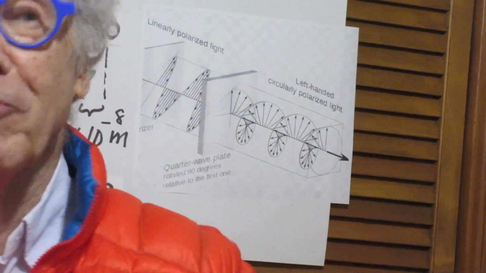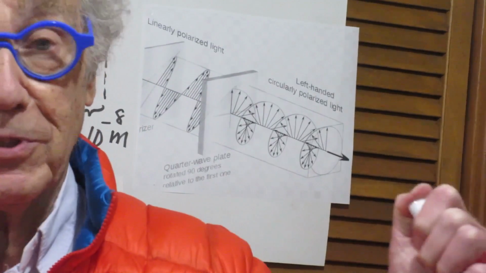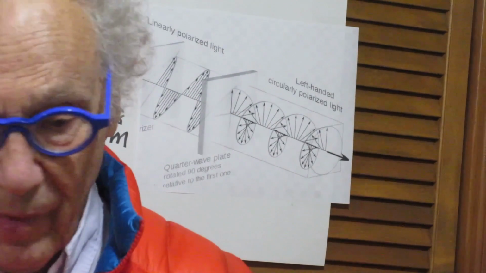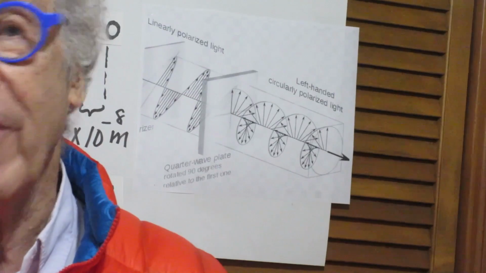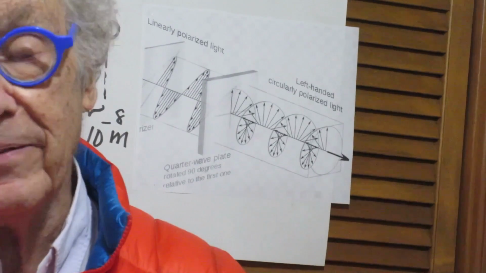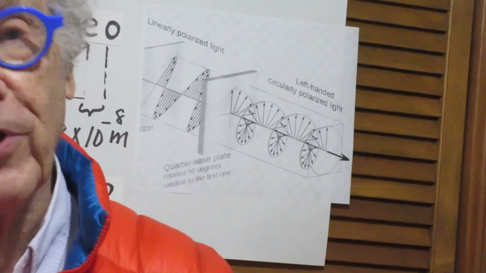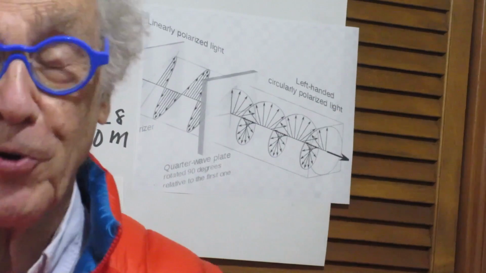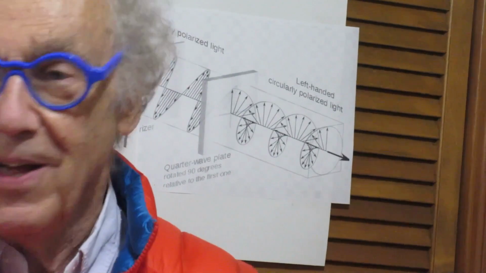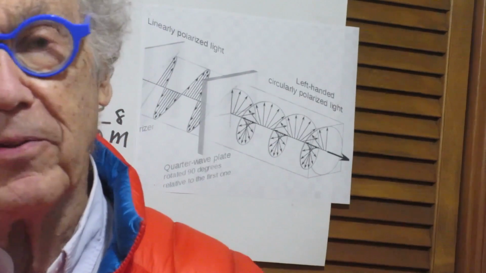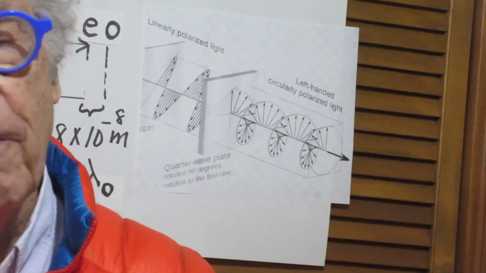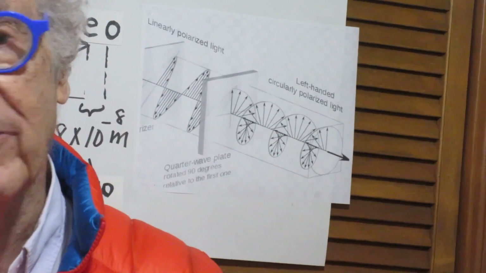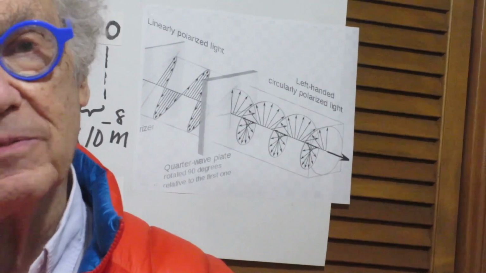So now, get ready for my two demos. In one demo I will demonstrate that with a half wave plate, and I have a whole set of wave plates, believe me, quarter wave plates and half wave plates, I can rotate the direction of linearly polarized light by 90 degrees.